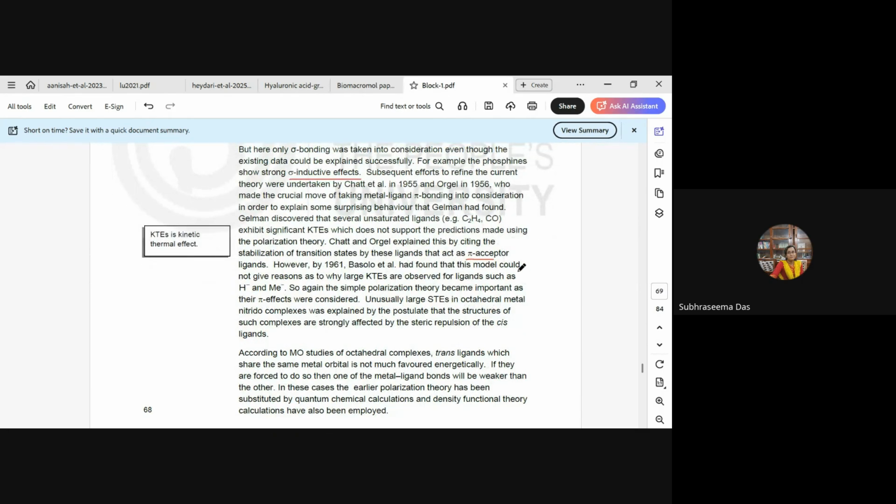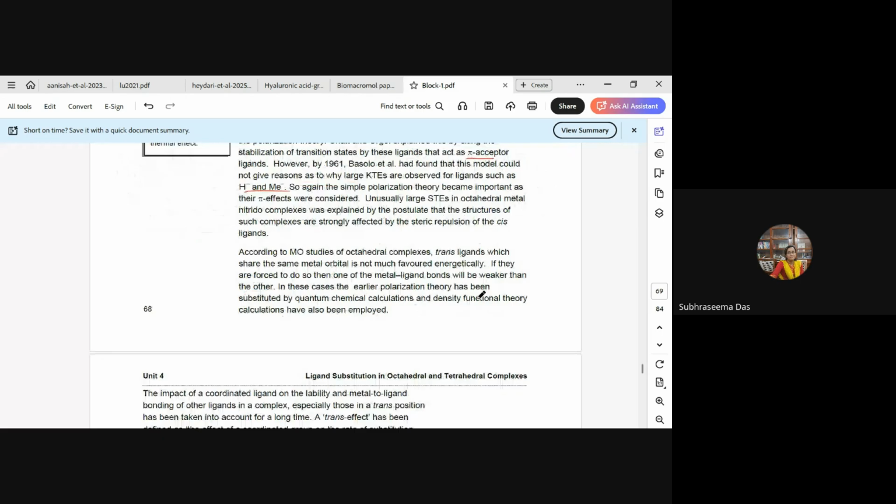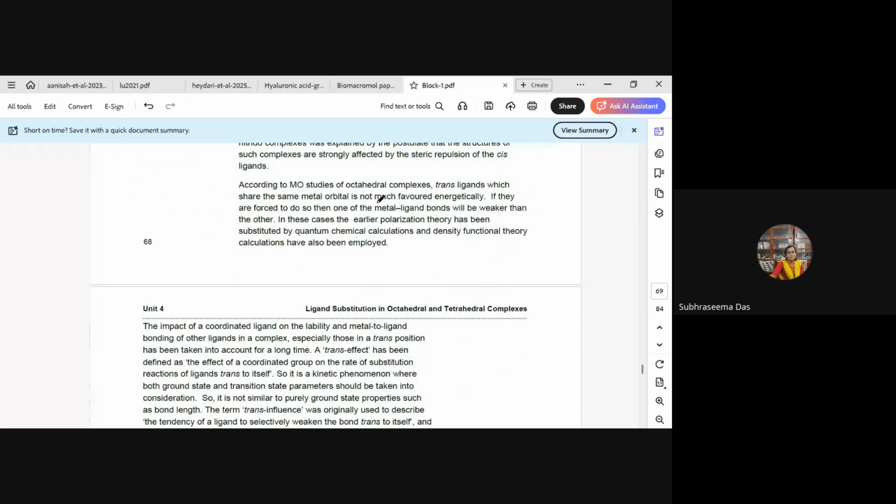But in 1961, Basolo et al. found that this model could not explain the large TEs observed for ligands such as hydride and methyl anion. According to the standard molecular orbital study for octahedral complexes, trans ligands which share the same metal orbital is not much favored energetically.